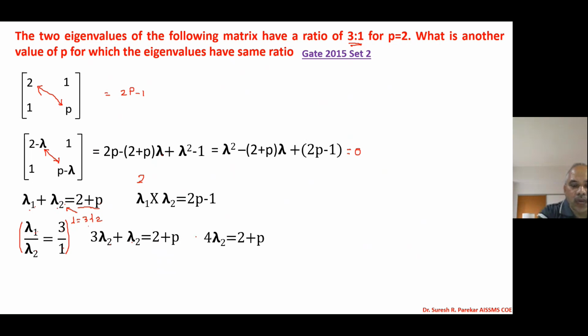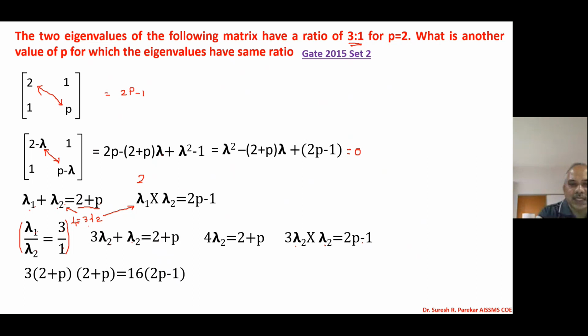So we have 4 lambda 2 equal to 2 plus p. This is one equation we have. Now we can substitute 3 lambda 2 as lambda 1 in the other equation, so we have 3 lambda 2 into lambda 2 equal to 2p minus 1. We will go one step more from this.